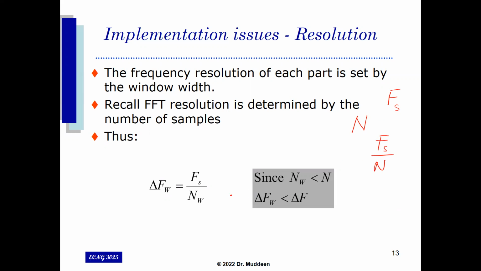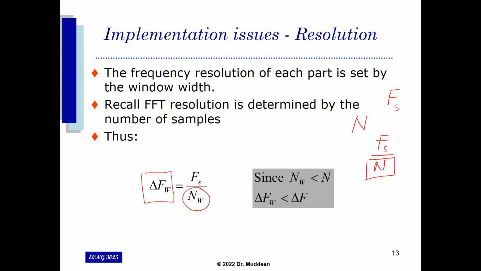I am actually taking fewer samples than the original set in the signal. Because I'm taking fewer samples, the resolution step here is bigger. In other words, the sliding window will pick up fewer frequency components, or to use the jargon we have been speaking about the last couple of weeks, has fewer bins than the original FFT on the whole signal.